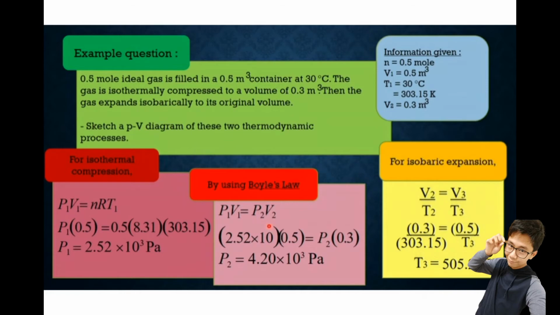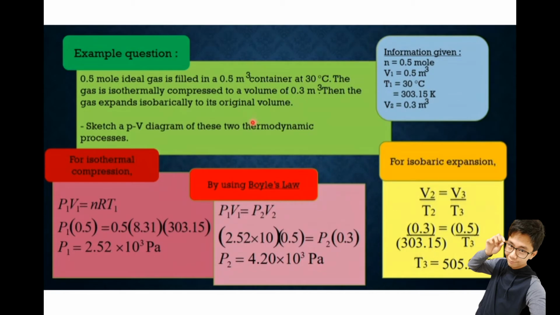So we substitute the value we have, and then we have 2.52 times 10 times 0.5 equal to the second pressure times 0.3. And then for the second pressure, we have the value of 4.20 times 10 to the power of 3 Pascal.